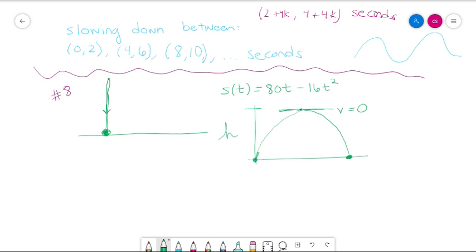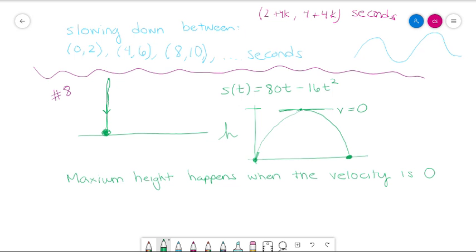The maximum height happens in our scenario when the velocity is changing direction or it's 0. All right, so we're going to use that fact.